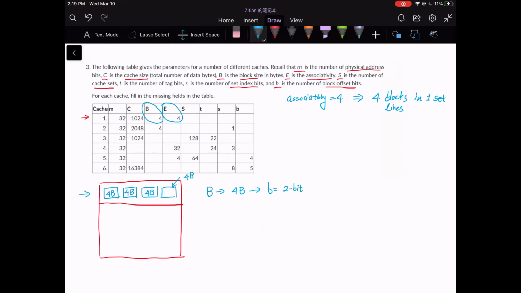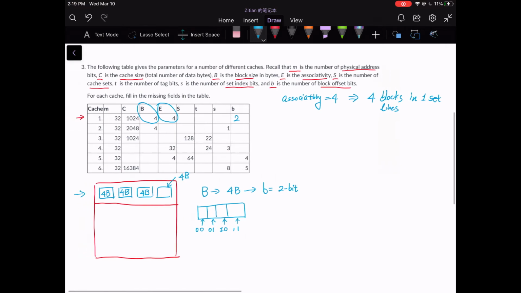Because we have 4 bytes for each block, in order to identify each byte, we need to use 2 bits. For example, 00, 01, 10, and 11 to represent each of them. So we know b equals 2.